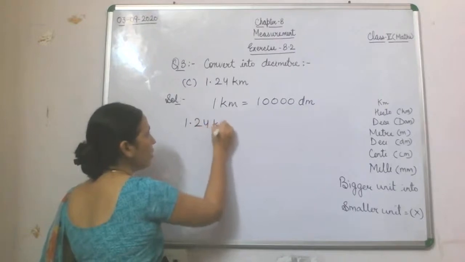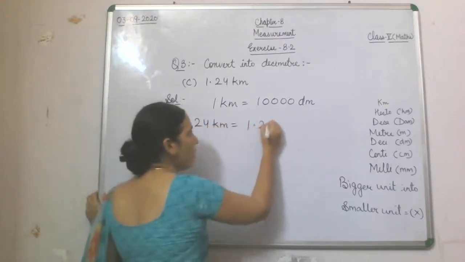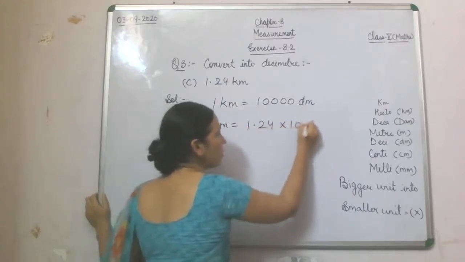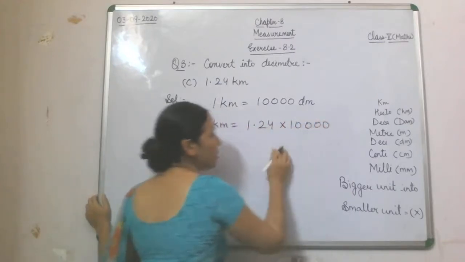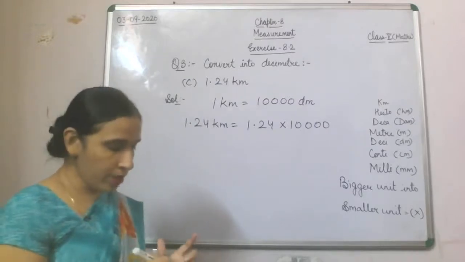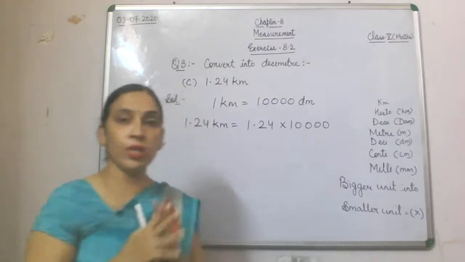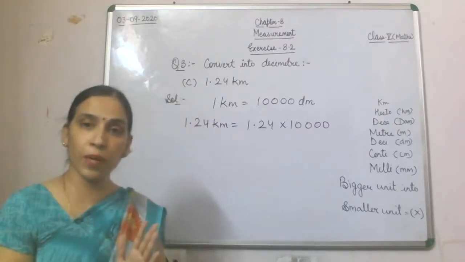So 1.24 kilometer means 1.24 multiplied by 10,000. Now 10,000 means the decimal is going to shift 4 places here. 1, 2, 3 and 4 are there. So the decimal is going to shift 4 places.